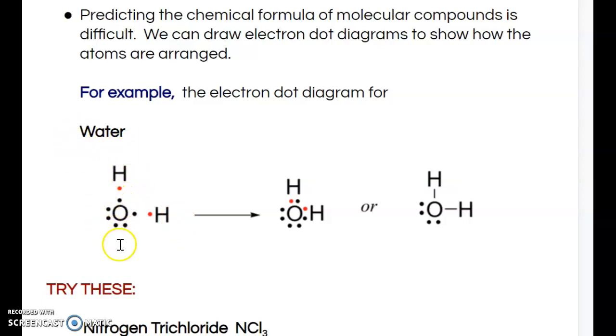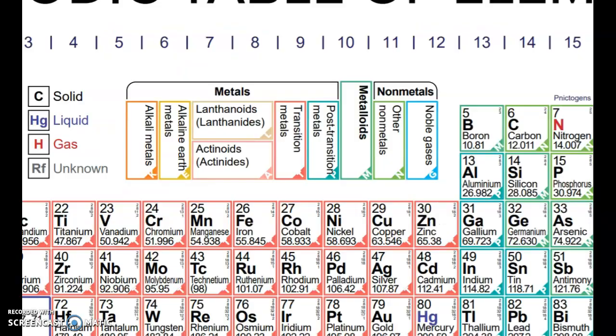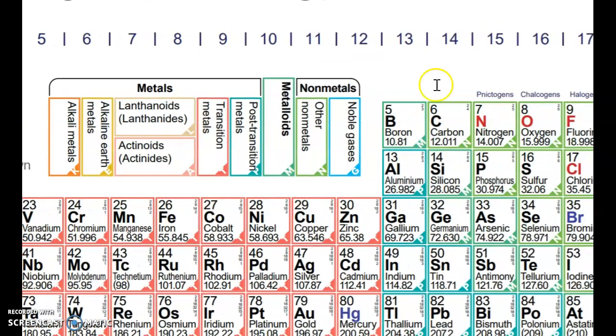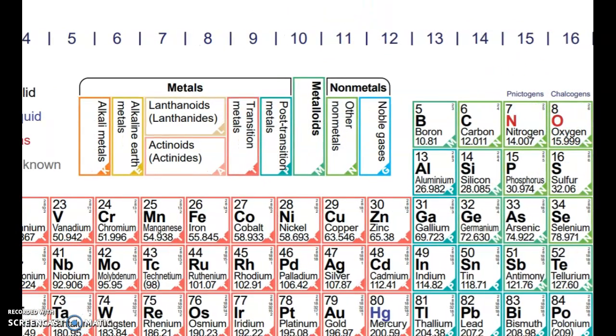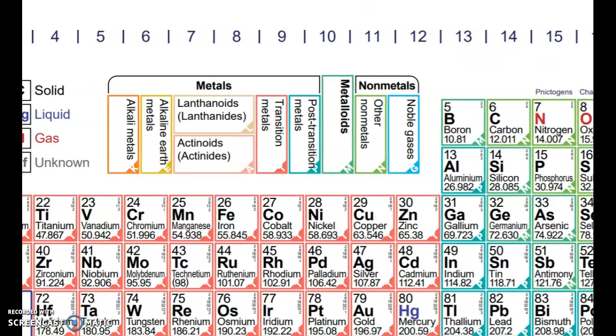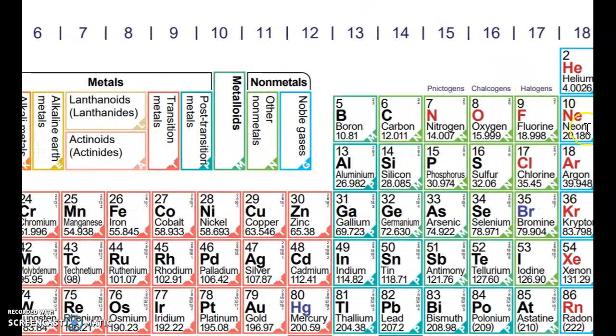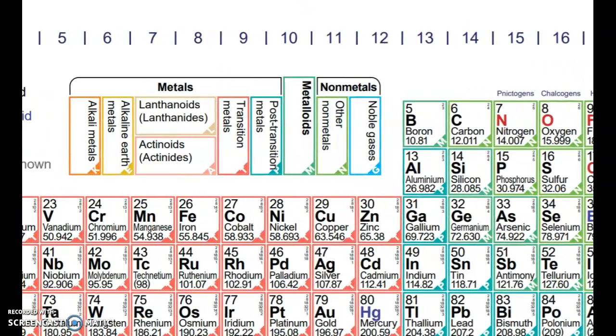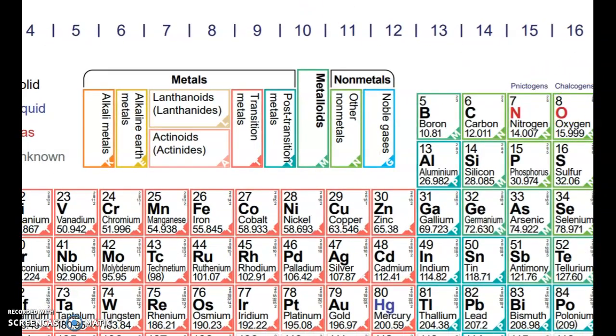If we take a look at our periodic table, oxygen is located in group 16, so we know that its outer valence electron shell will have six electrons, right? Because this would be 8, this would be 7, this would be 6. So it would have 6 valence electrons, and it needs 2 in order to look like neon.